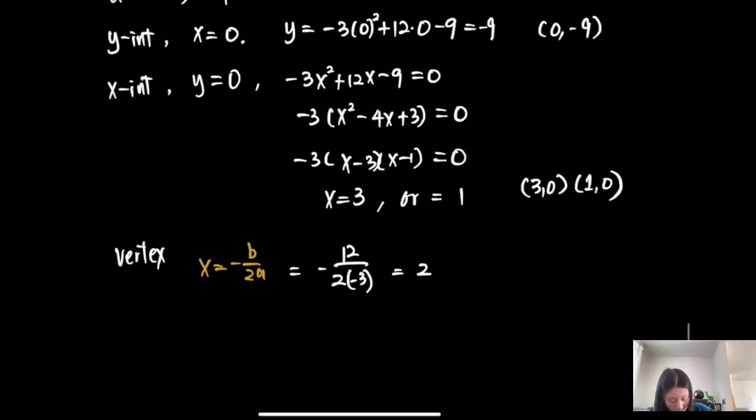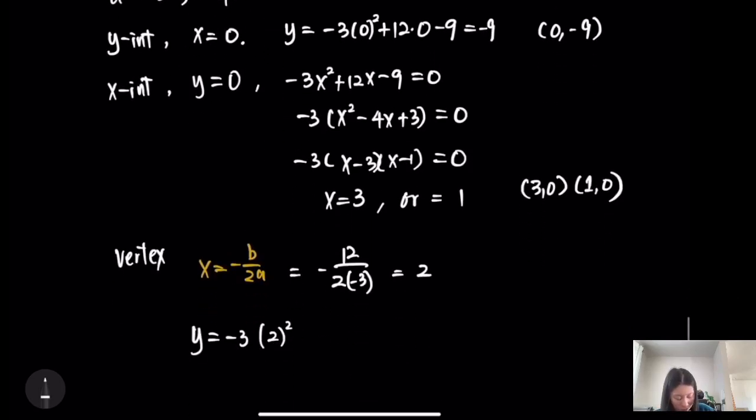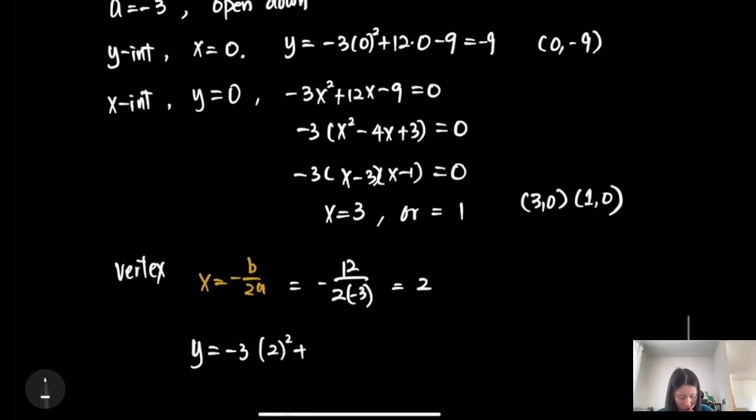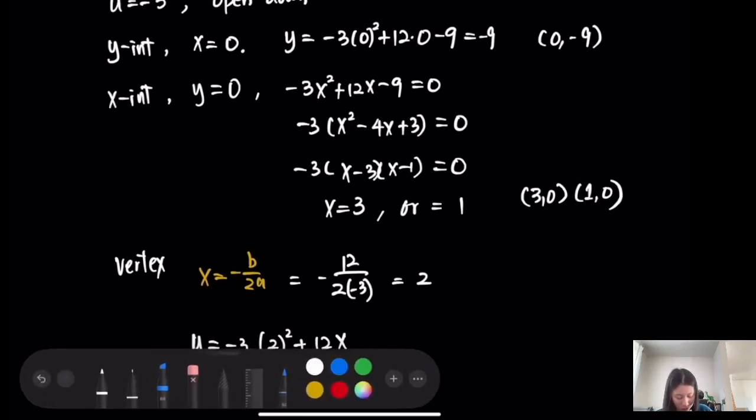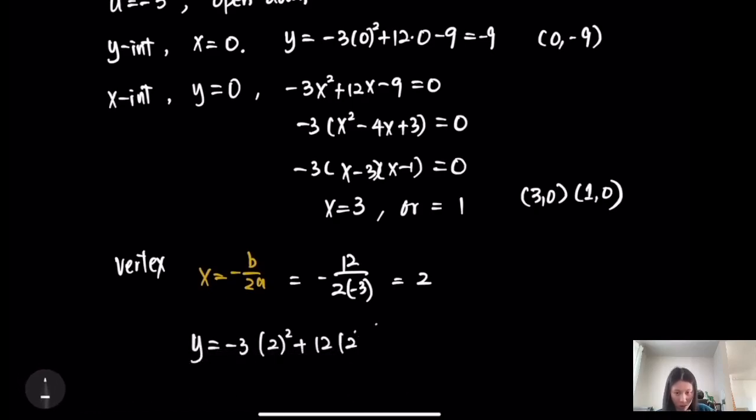I will have y equals -3 times 2 squared, plus 12 times 2, and then minus 9, so I got y is equal to 3. So that means our vertex is (2, 3). That's the coordinate of the vertex.